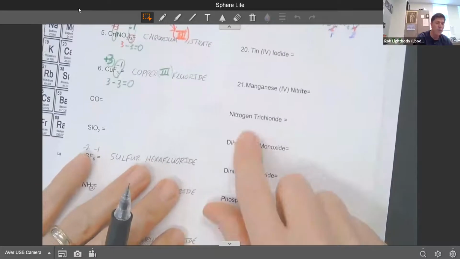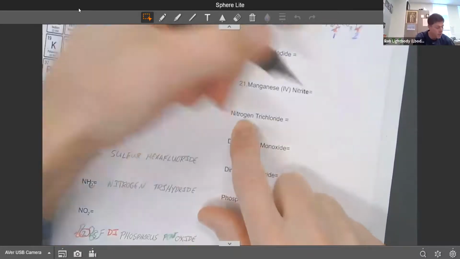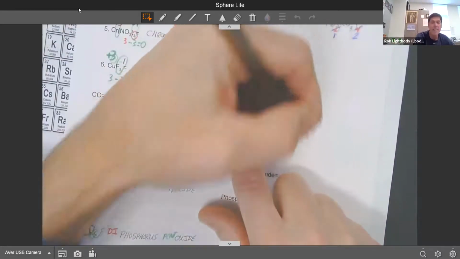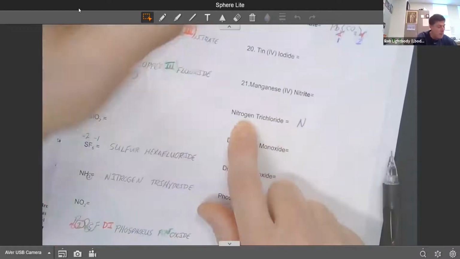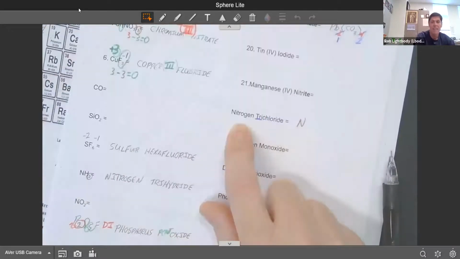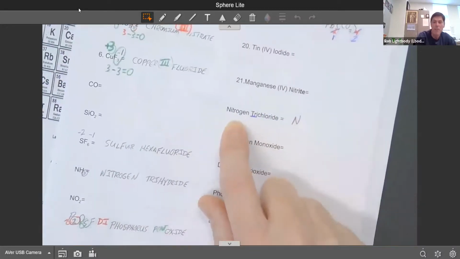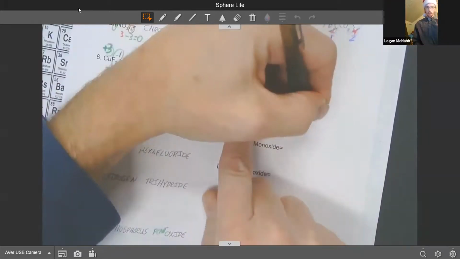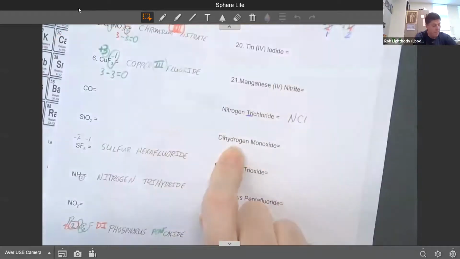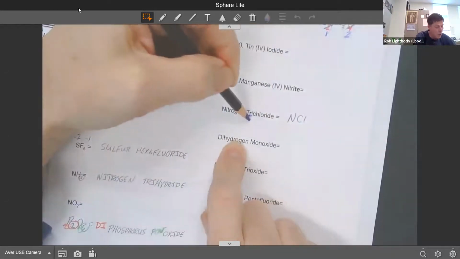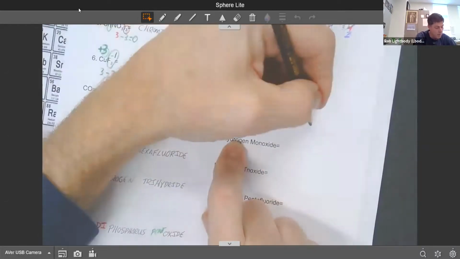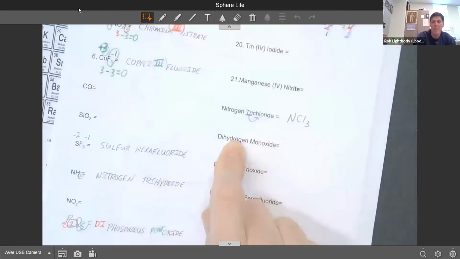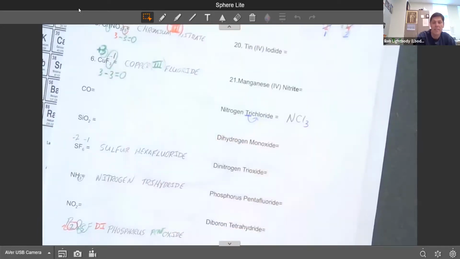If the first one's a non-metal, I'll never have charges. I don't need them because I'm going to have prefixes. NCl3, right? So I've got chloride as chlorine, and this is telling me I have 3 of those. So it'd be NCl3, exactly.